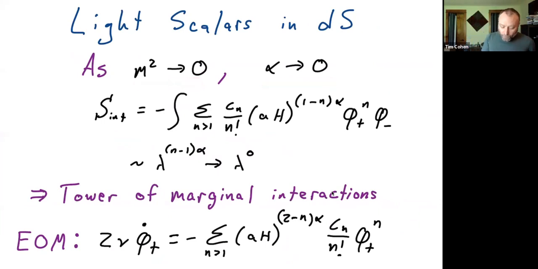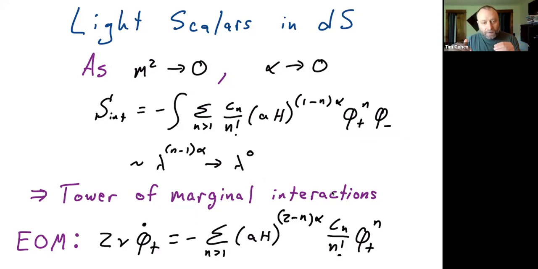And the power counting works such that all of this tower of interactions, where I have any number of the phi pluses and one of the phi minuses, they all scale as the power counting parameter lambda to the n-1 alpha. And so that goes like alpha to the 0 when alpha goes to 0. So in the massless limit, there's an infinite tower of marginal interactions that appear.